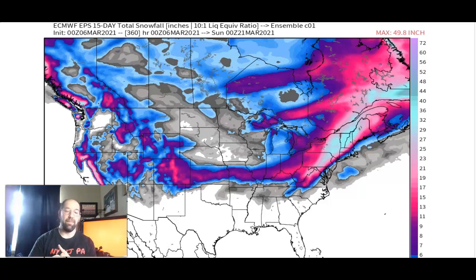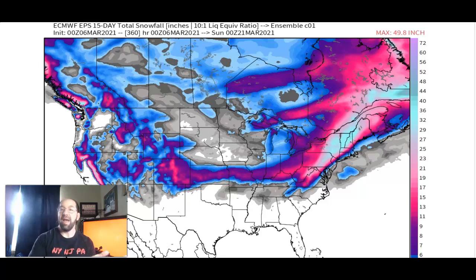Now, there are times when it's good to use a snow map. Okay, I'll give you an example. If you're using the ensemble forecast at 15 days, and you want to get an idea of if the pattern is favorable, and you have the high latitude blocking in place already, and you know where your ridge axis is, in other words, the pattern itself is favorable for snowfall, then you can turn around and use that map to get a general idea of the various model ensembles, look at them and see how many of them support an accumulating snowfall.